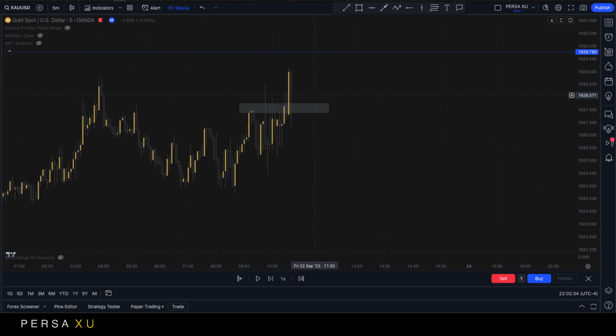If we take this resistance, right, and say, okay, interesting, we got this resistance over here. I'm not gonna draw it too wide, right? So anybody would say this big candle broke, with strength, this resistance and this resistance.